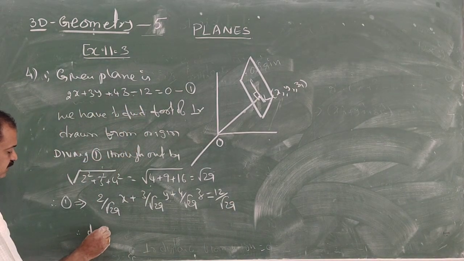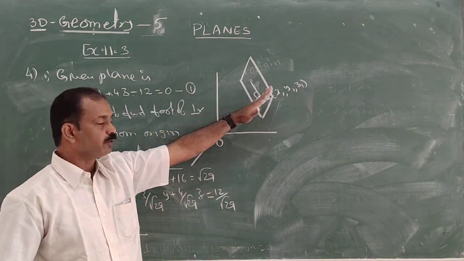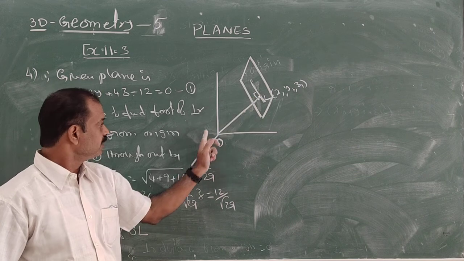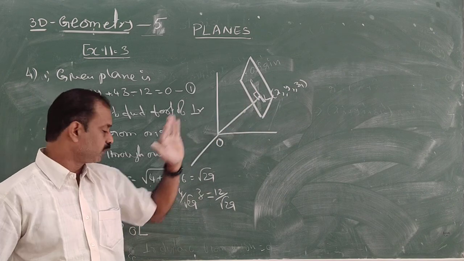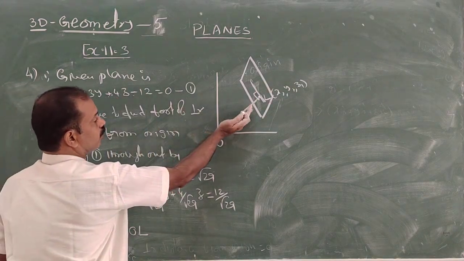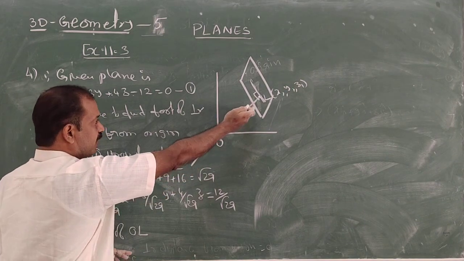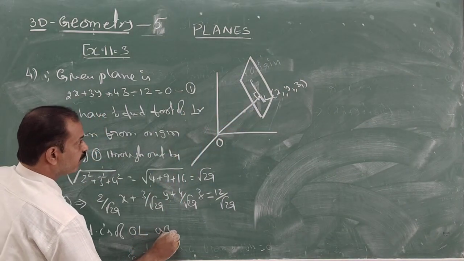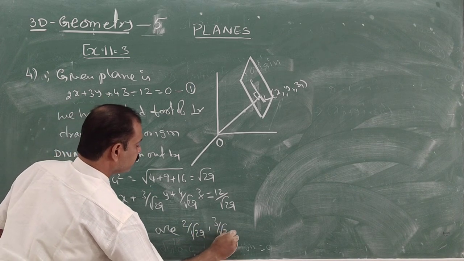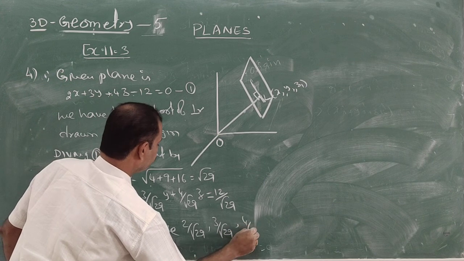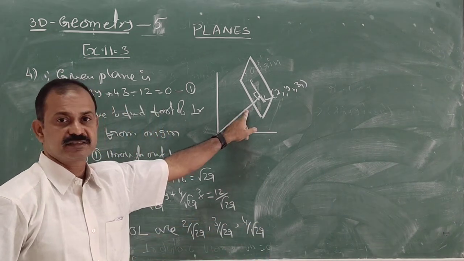Therefore, these are the direction cosines of OL. This is the perpendicular. For this line, n is a normal and n cap is a unit vector, so the direction cosines of OL are 2 by root 29, 3 by root 29, 4 by root 29.